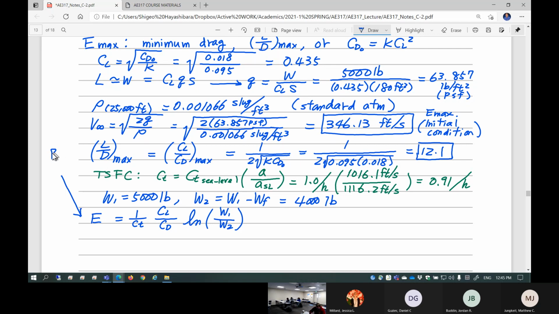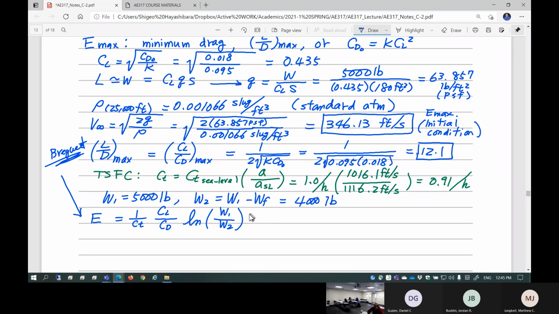This is the Breguet equation, because the natural log comes in. Of course, in order to maximize this endurance, you have to maximize this CL over CD, which we already know is 12.1, the CL over CD max. So let's plug in all of those values to determine the maximum endurance.